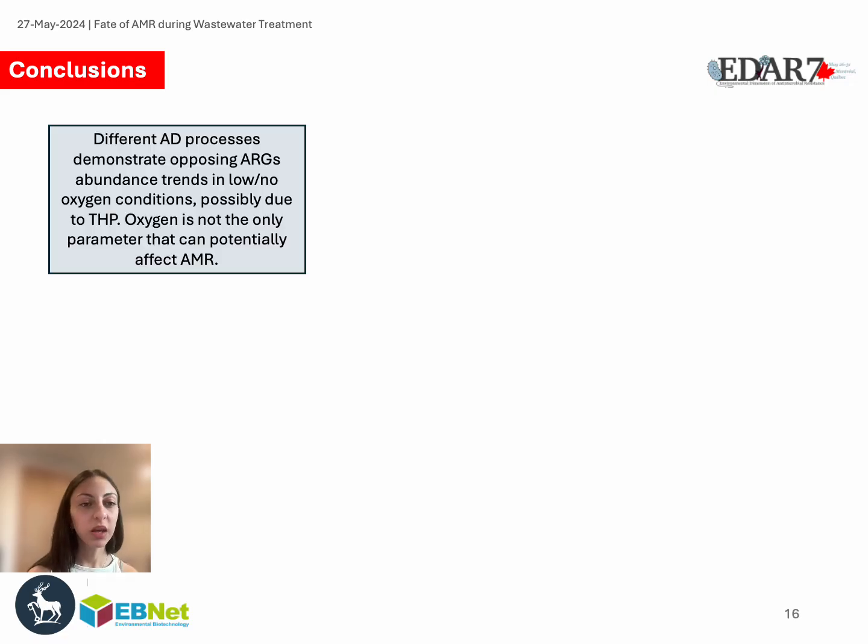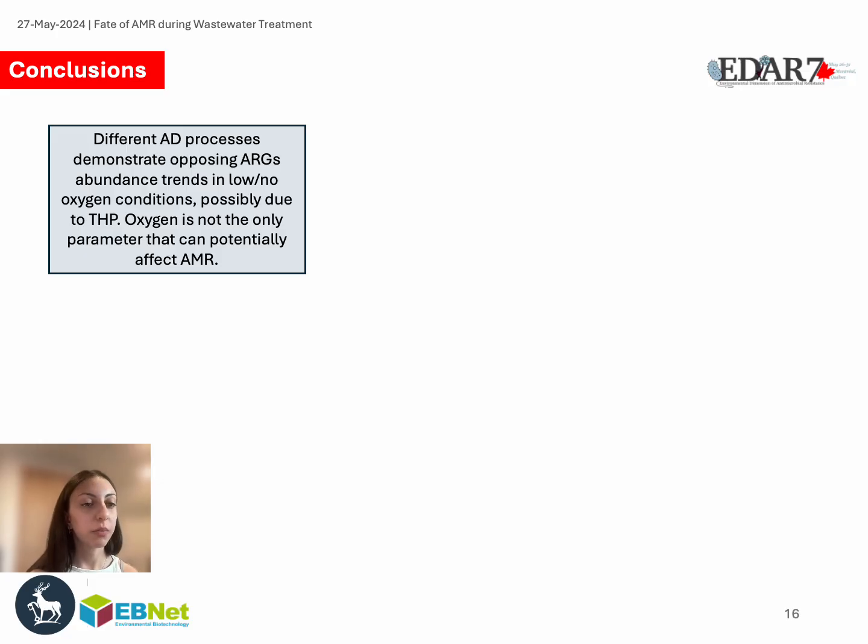To conclude, different anaerobic digestion processes demonstrate opposing antibiotic resistance genes abundance trends in low or no oxygen conditions, and this is possibly due to thermal hydrolysis pretreatment that is included in the latest study.